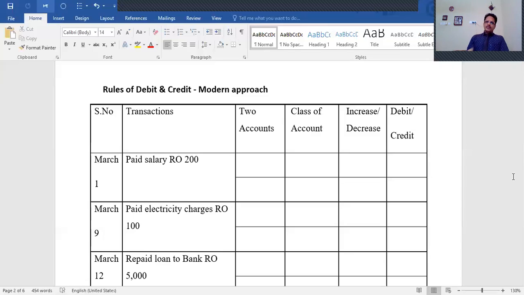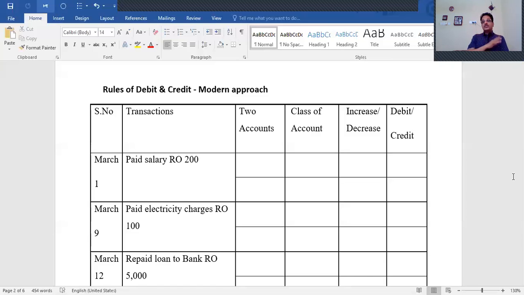This is the rule. Then the traditional rule we also discussed. According to the traditional rule, we have 3 categories of accounts: personal, real, nominal. Personal account: what is the meaning of personal account? Personal accounts are the accounts of all persons, companies, associations or institutions, organizations, or any type of association.